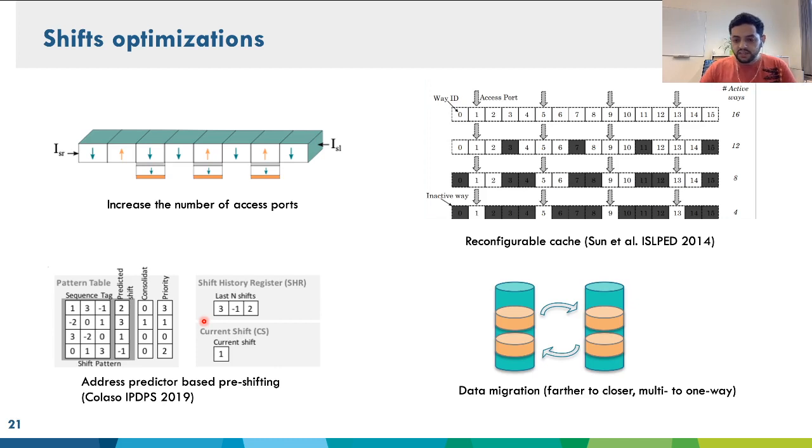And there are still other possibilities, for instance data migration. You monitor the utilization of each location inside a racetrack, and if the data element stored in the farthest location is accessed quite often compared to the data element stored closer to the access port, you can swap their positions.